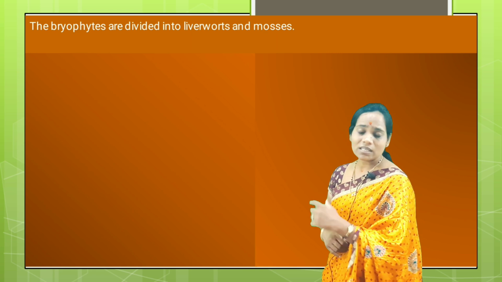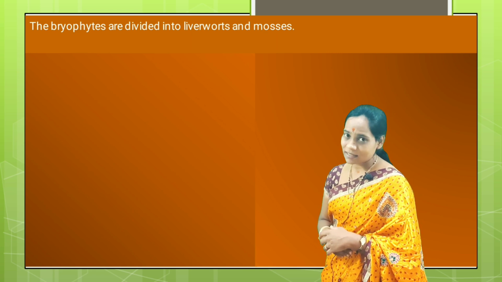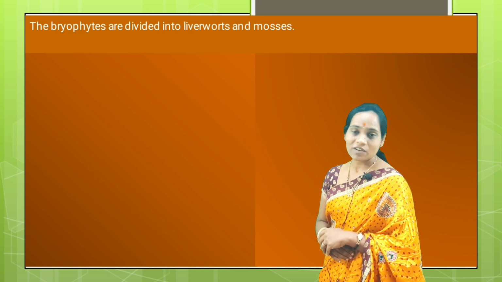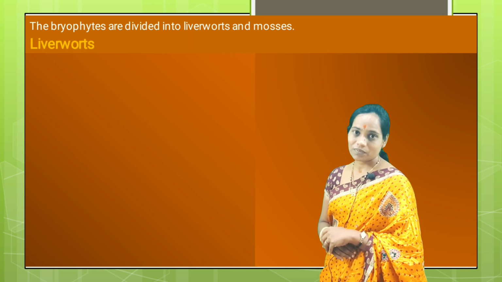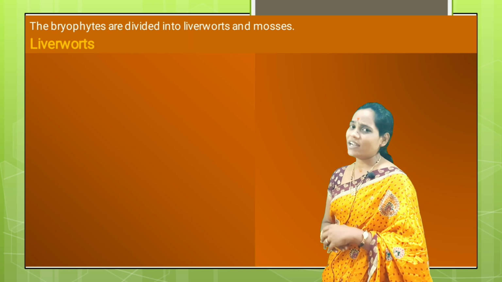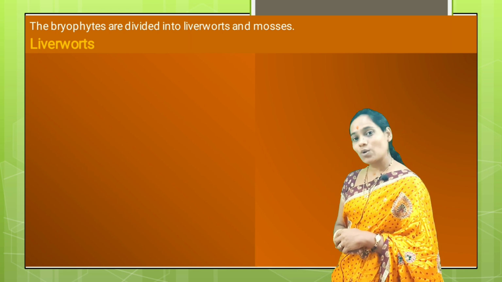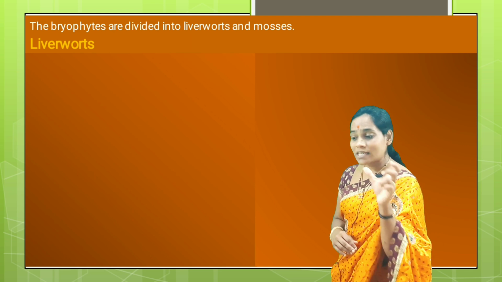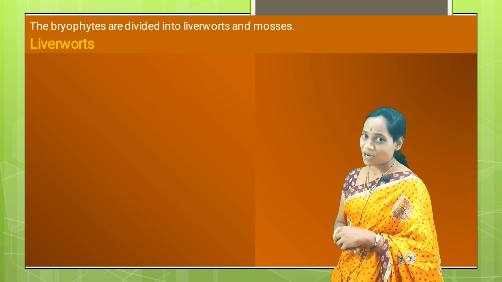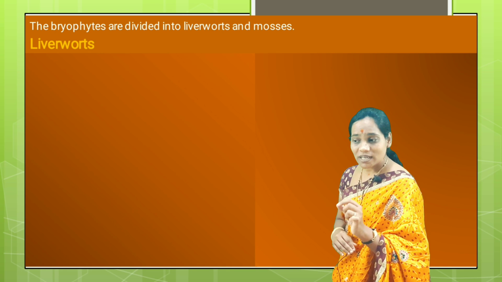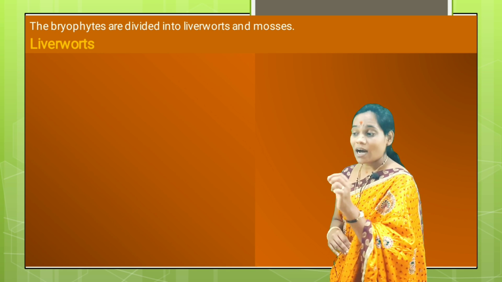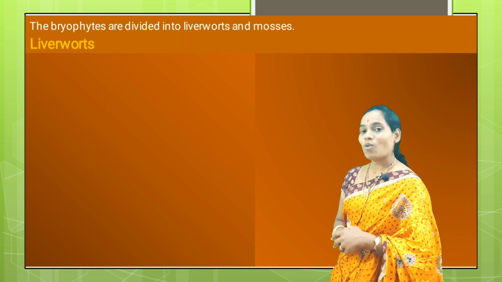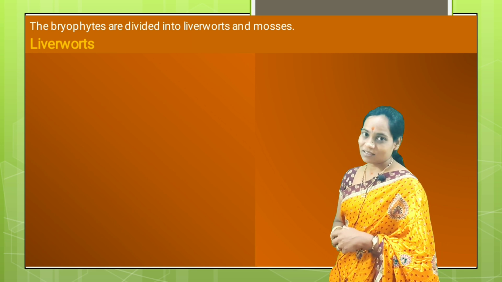The first group of plants of class Bryophyta is liverworts. Where do you find liverworts growing? As I told you in the general characteristic features of bryophytes, usually the bryophytes are adapted to the land but need water for fertilization.